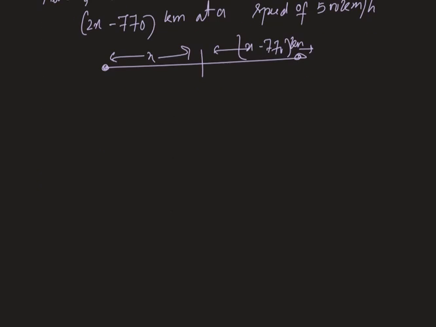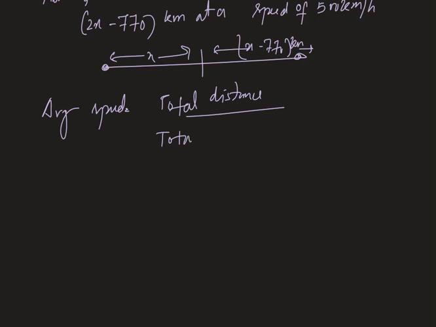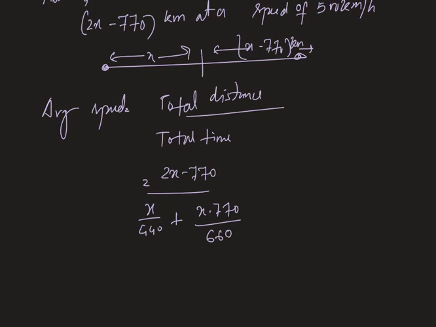Okay, therefore the average speed will be the total distance divided by the total time. The total distance is 2x minus 770 and the total time is x divided by 440 plus x minus 770 divided by 660, and the average speed is 500.